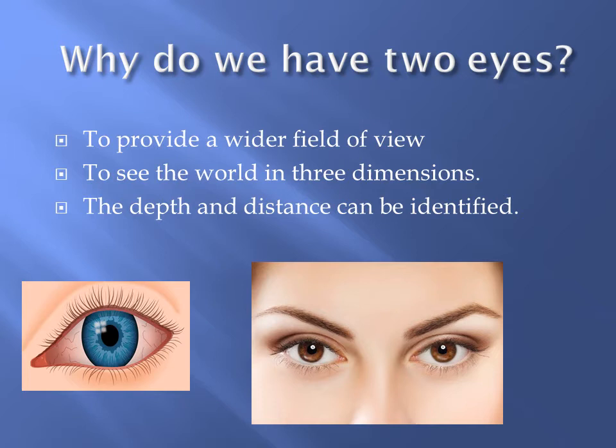The brain combines this information from each eye, giving three-dimensional vision. This allows us to judge the distance and depth of objects and to estimate the speed of moving objects more accurately.